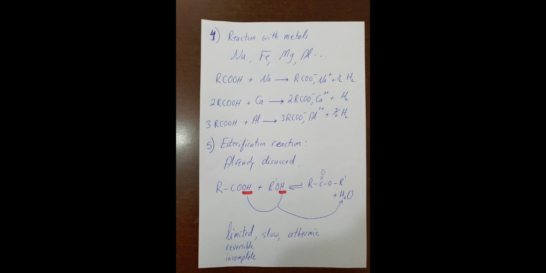And if you have a metal like aluminum, which belongs to column 13 or group 3, which produces Al3+ ions, then you require 3 RCOOH plus the Al produces (RCOO)3Al plus 3/2 H2.